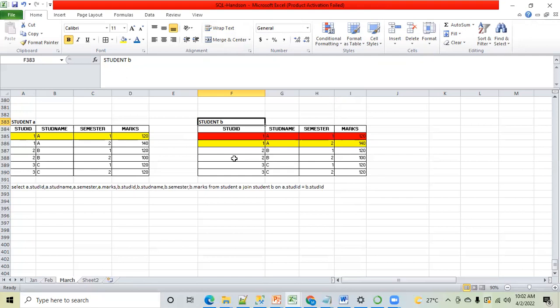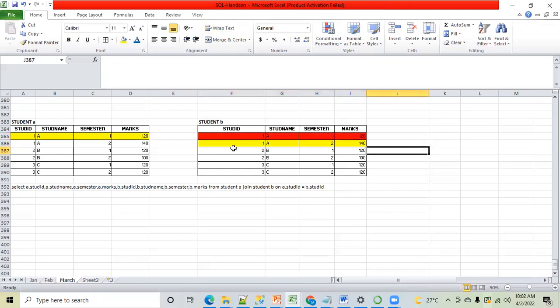Why? Because we have to compare the marks of semester 2 with the marks of semester 1. If I pick semester 1 from the B table, that will not make any sense, because the question is not telling you to compare the same semester marks. The question is telling you to compare the marks of the second semester with the first semester.